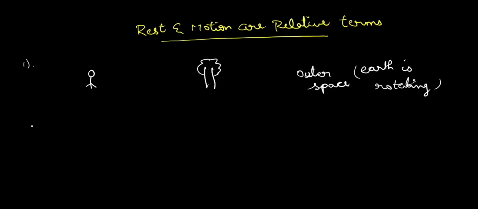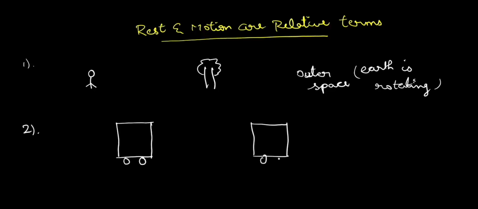The second example: there are two trucks, or two trains, moving at the same speed, and there is a person inside each truck.